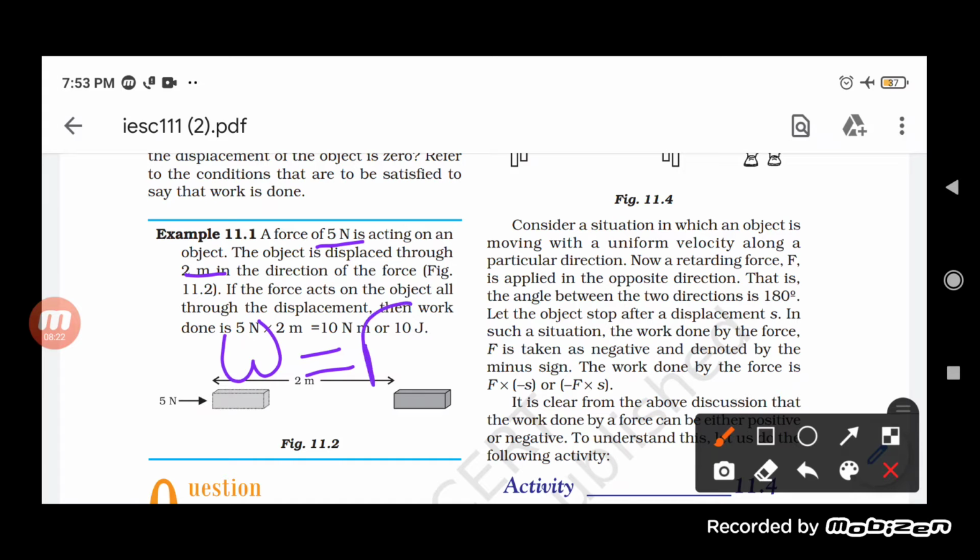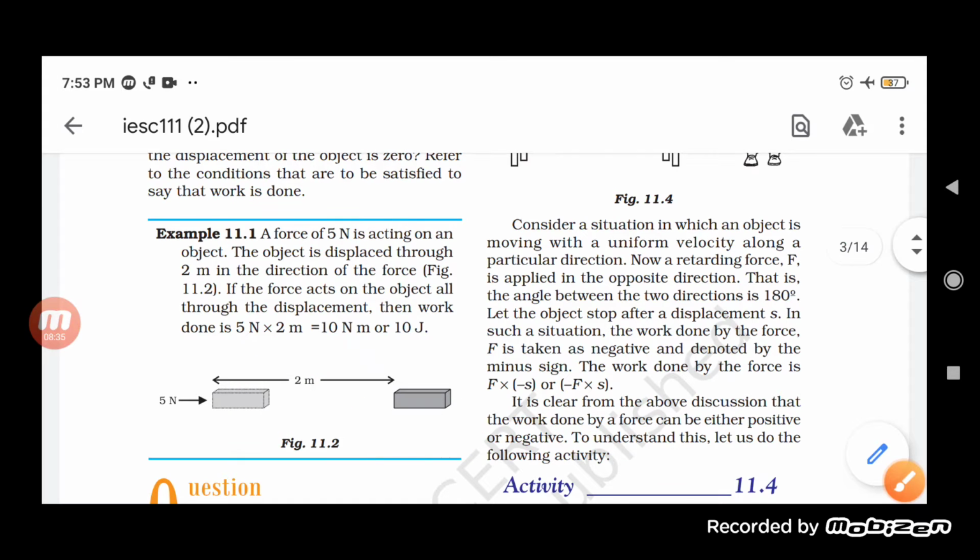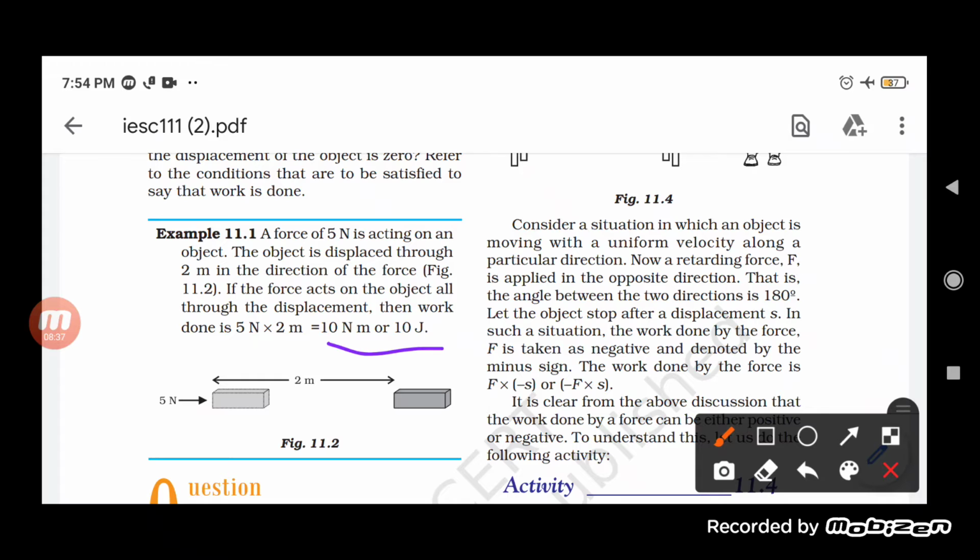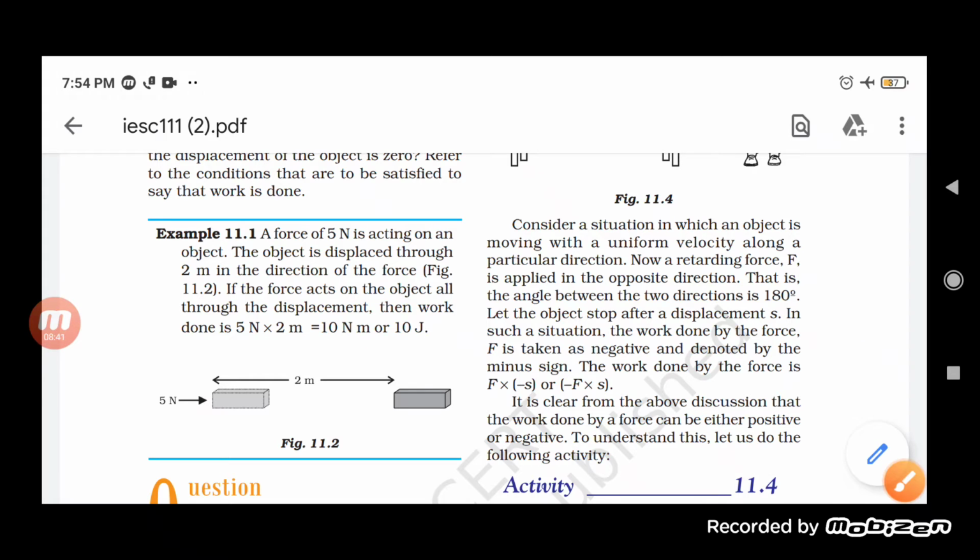W is equal to force into distance. Now, W is equal to, what is the force here? That is 5 Newton, and the displacement is 2. So 5 into 2 is equal to 10 Newton meter, or we can say 10 joule. Both of them are the correct answer, in which when we apply a force on an object, it displaces the object with 10 Newton meter, or 10 joule.